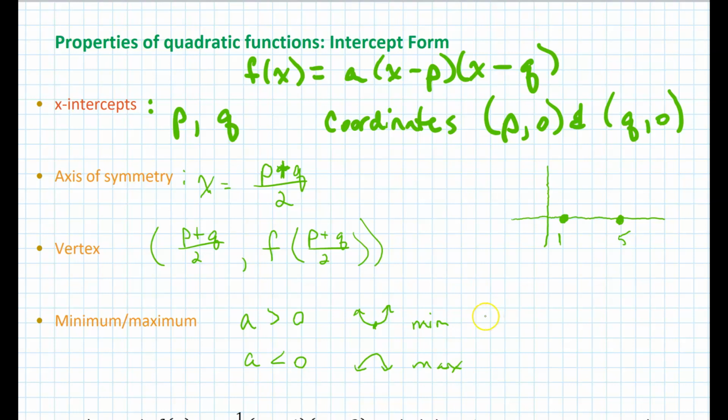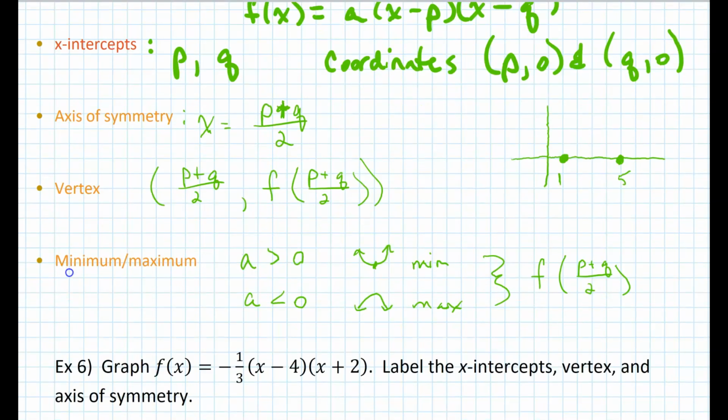Either way, those occur when we plug in f of p plus q over 2. Does a still represent the vertical stretch or shrink? Yes, still does. So if it's negative, we know that there's going to be a maximum.